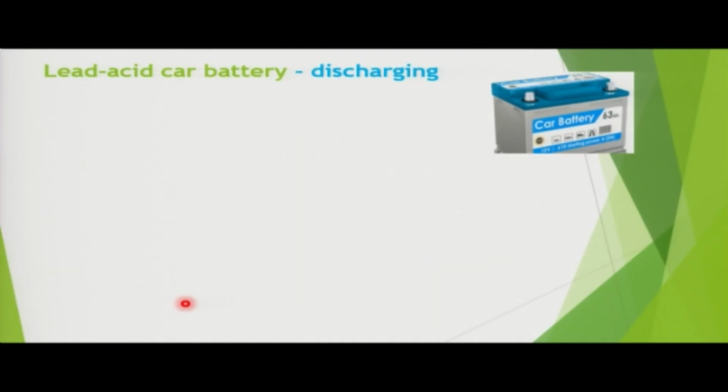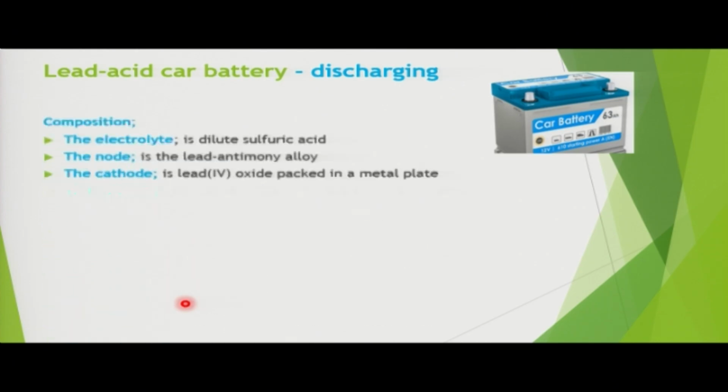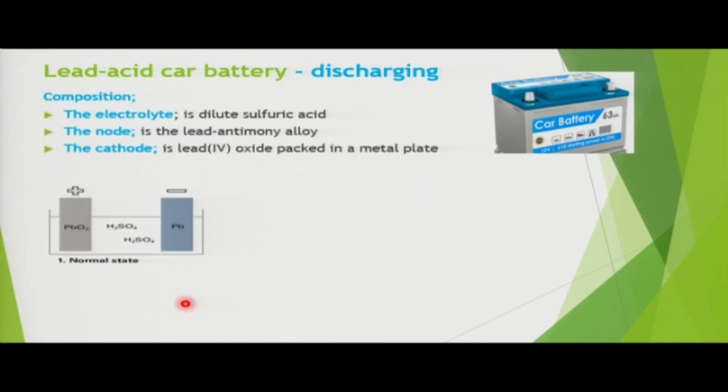So, as I said, we shall stick much onto the car battery, discharging and recharging. So what exactly happens when we say the car battery has been exhausted or it is discharged? Before we understand that, we need to look at what makes it up.